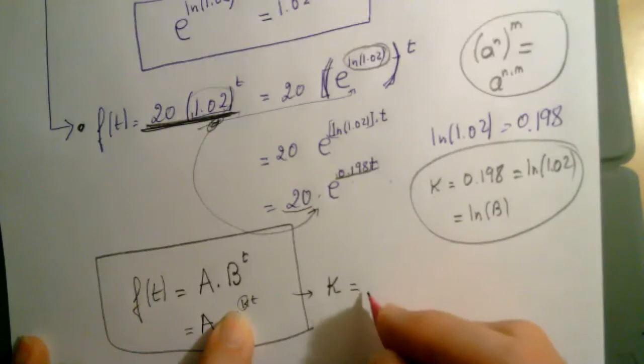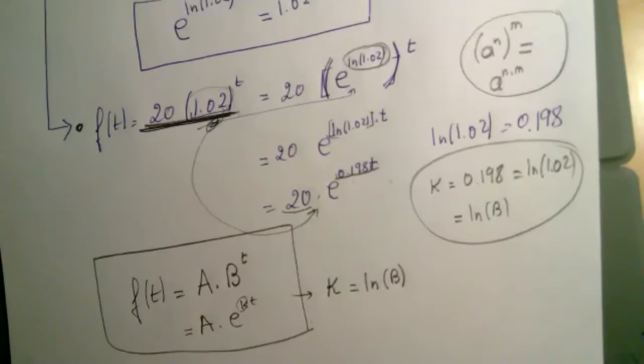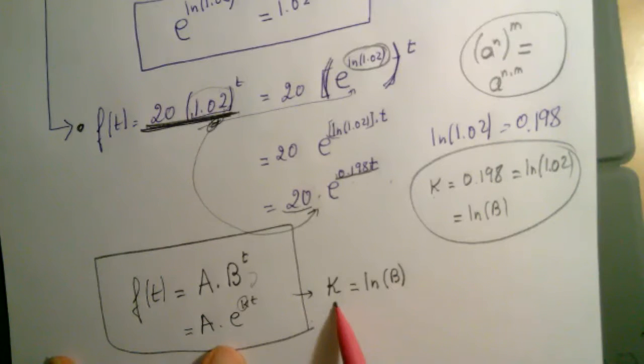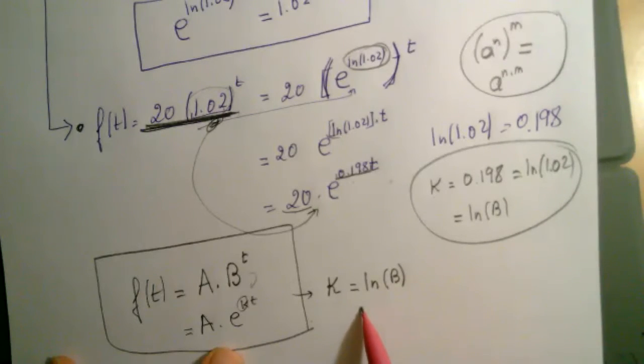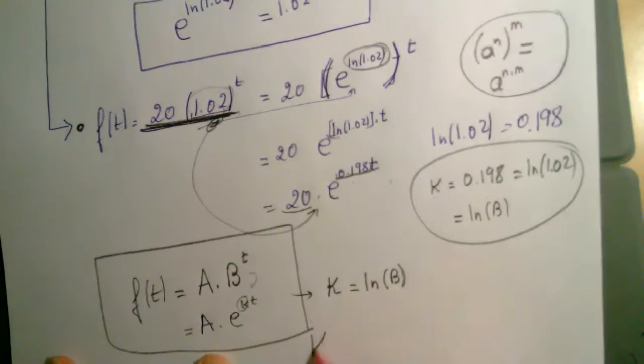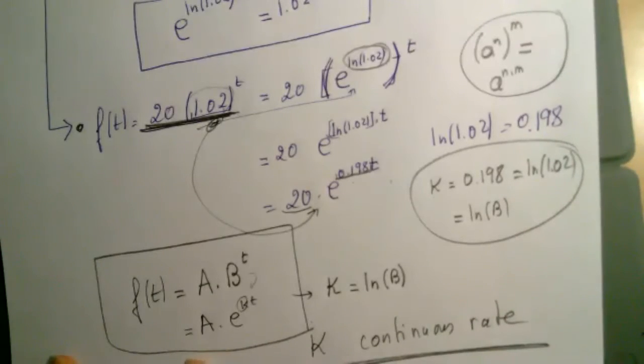This constant k is going to be the ln of b. So that's how I go from here to here. k will be given a name: we will call it the continuous rate. That's the name given to it.